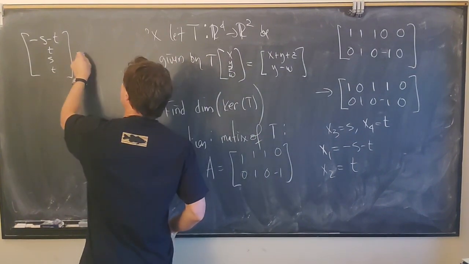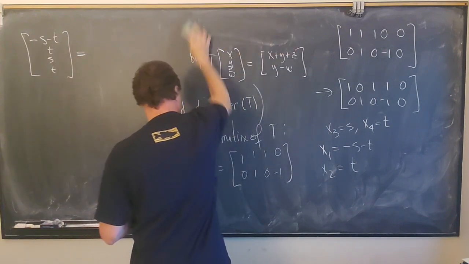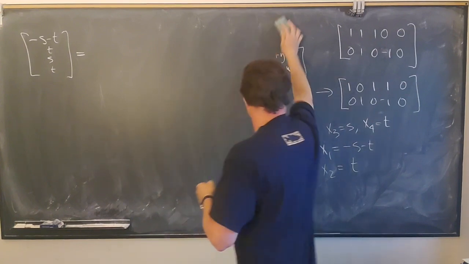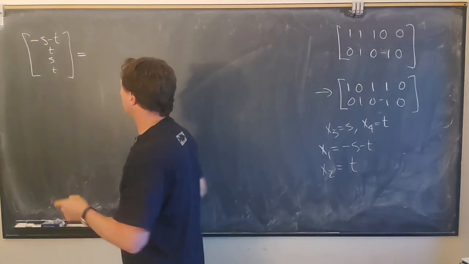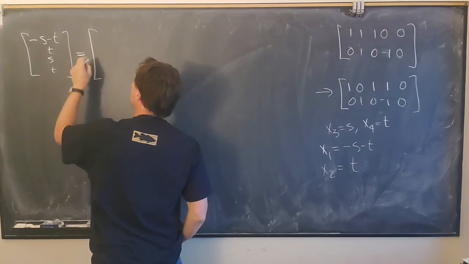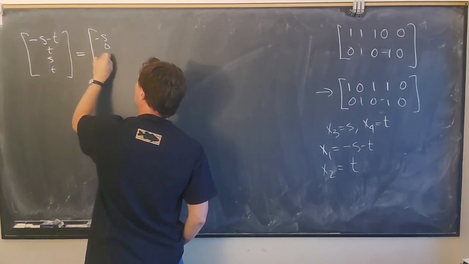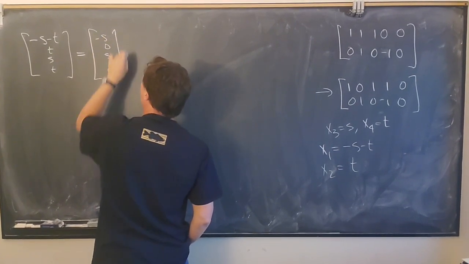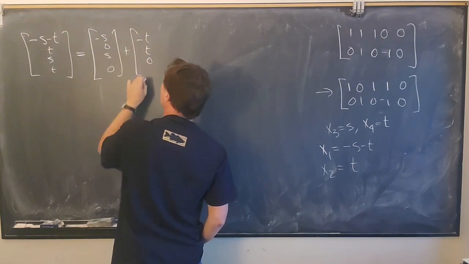Now, I'm trying to find a basis. We want to compute the dimension. So what I want to do is think about what solutions of this form take. I want to split it like this: minus s, 0, s, 0, plus minus t, t, 0, t. Right?